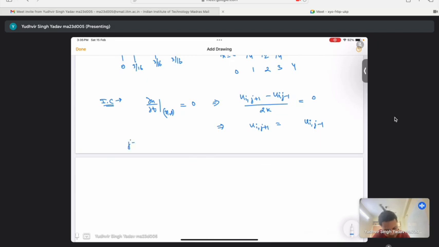And here if we take j equals 0, then we have u(i,1) equals u(i,-1). So this is the relation that we need. And it holds for all i equals 0, 1, 2, 3, 4. For all i's, this relation holds.